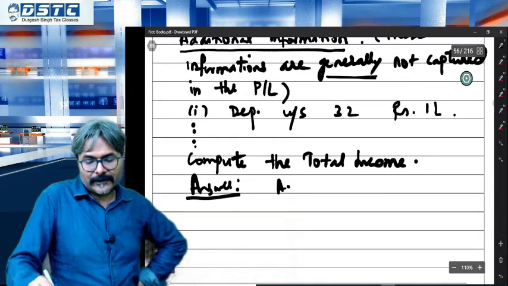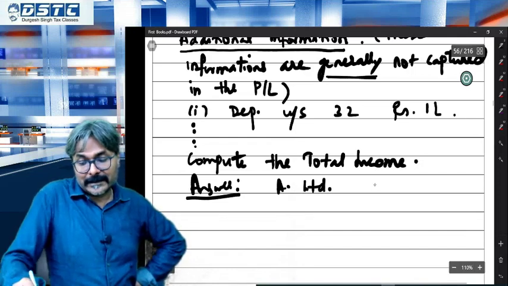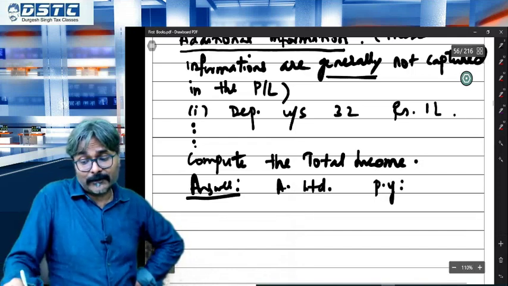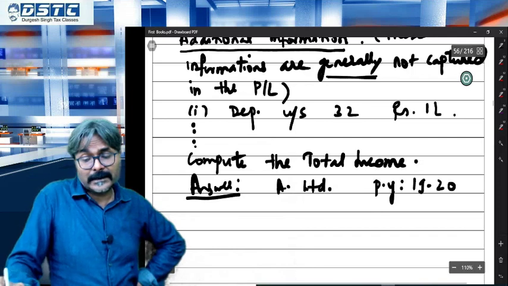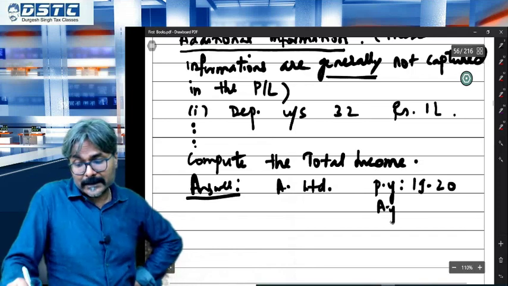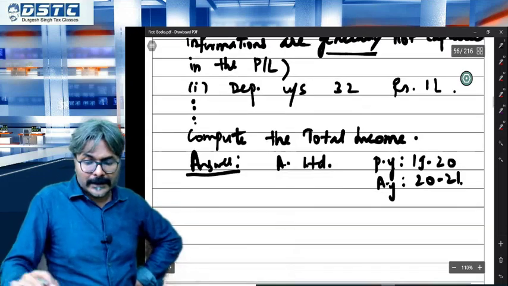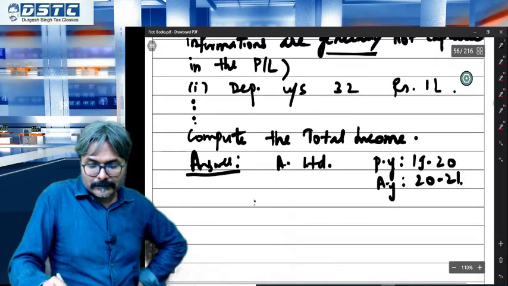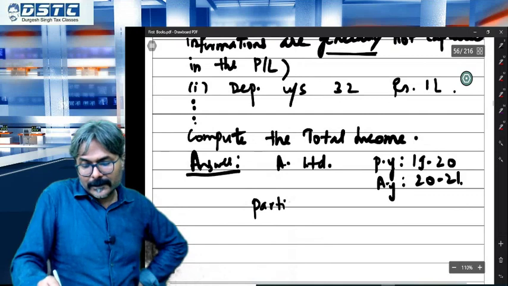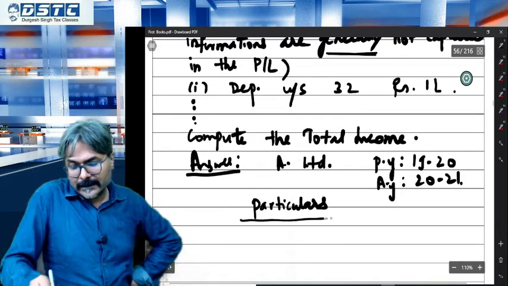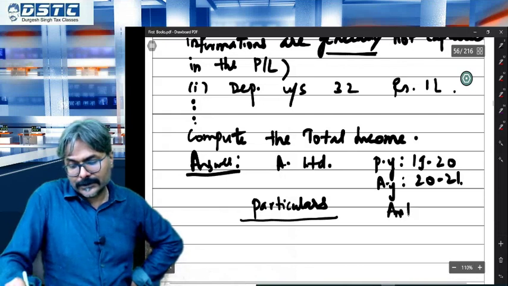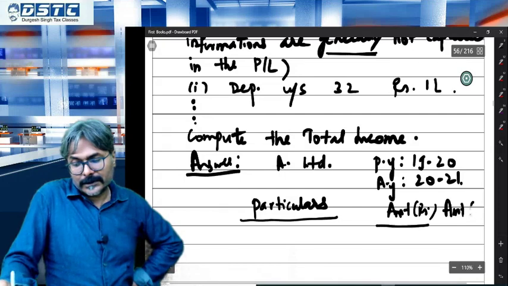So here it was the case of A Limited, isn't it? Systematically, previous year 2019-20, assessment year 2020-21. Thereafter, make the columns: particulars, then amount in rupees, and then the amount in rupees. 3 columns are required.